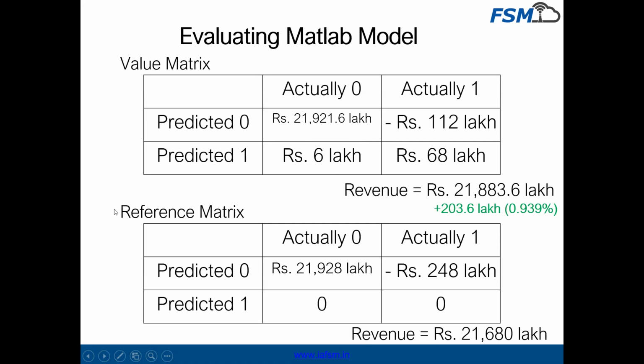Here we perform the same reference matrix calculation too. And here we observe a 0.939% increase in revenue, considering that the ML model is deployed in the factory. The numbers are slightly different because the test data is selected in two different forms by the two models.